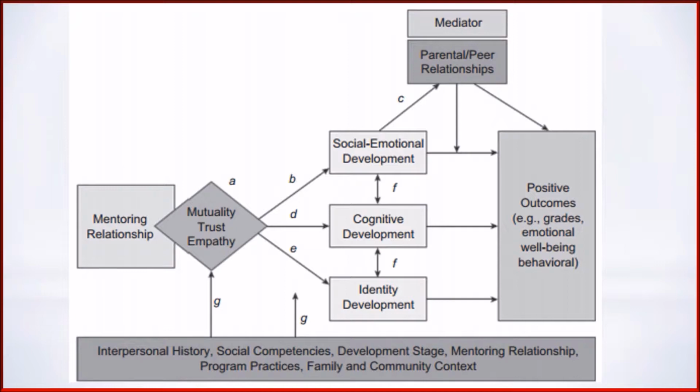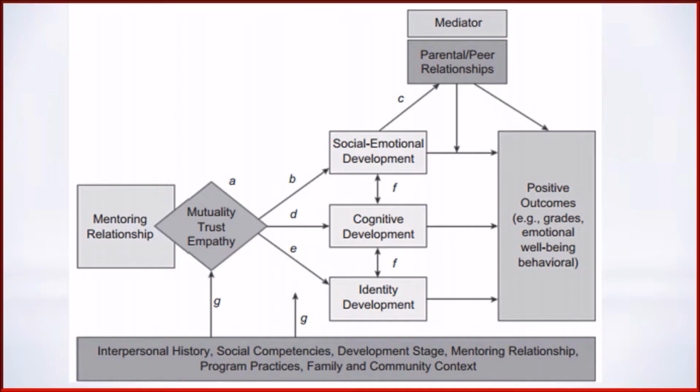First is social and emotional development. The second is cognitive development, and the final is identity development. I'll get into all of these as we talk through each of our conversations. But the idea is all of these 3 aspects are going to feed into positive future outcomes for the adolescents.